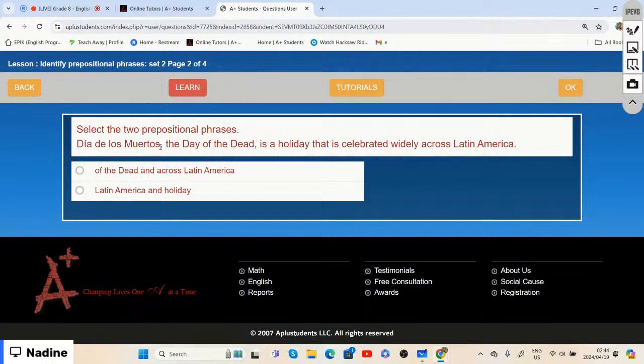Oh, Dia de los Muertos, the Day of the Dead, is a holiday that is celebrated widely across Latin America. Do we say of the dead and across Latin America, or Latin America and holiday?